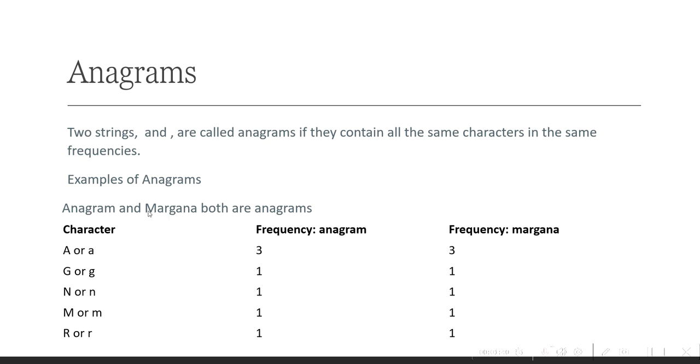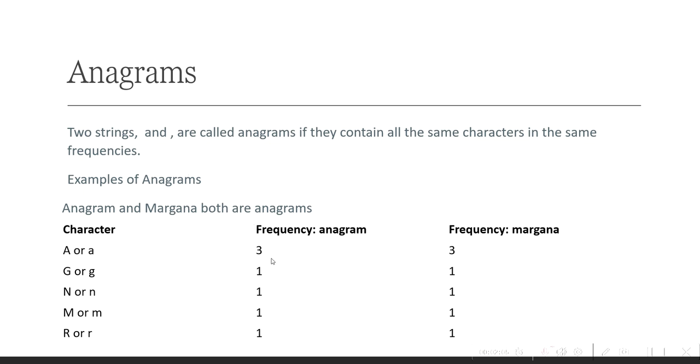Now let's look at the second parameter, the second string, which is markana. A is occurring three times here. G is occurring only once, and N is occurring only once. You can just count how many times each is occurring. R is occurring only once.